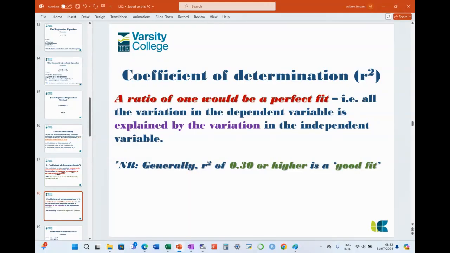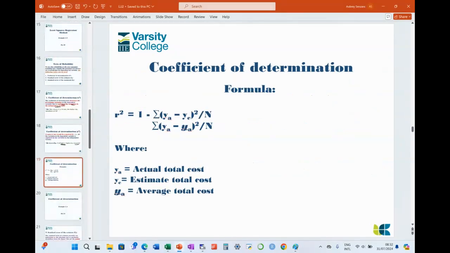So, in other words, it is a very good predictor of how the dependent variable, in this case total sales, will behave. And here, very important, 0.30 or higher is a good fit. Okay, 0.30 or higher is a good fit.